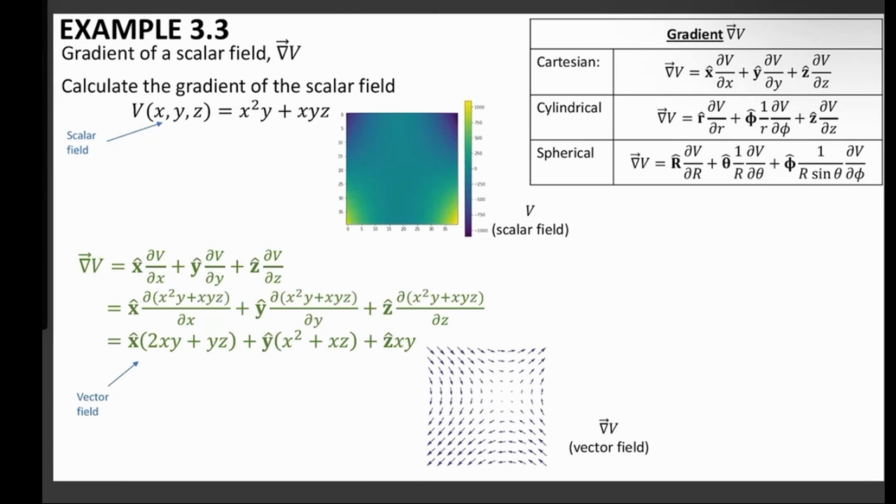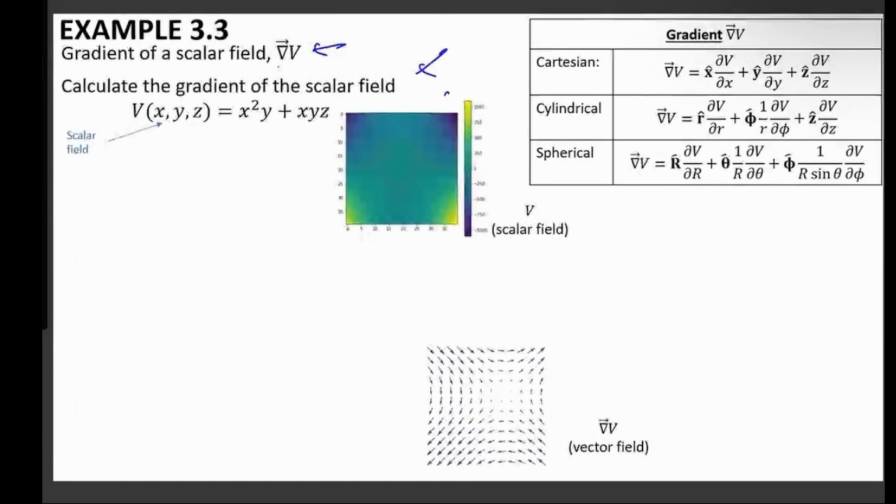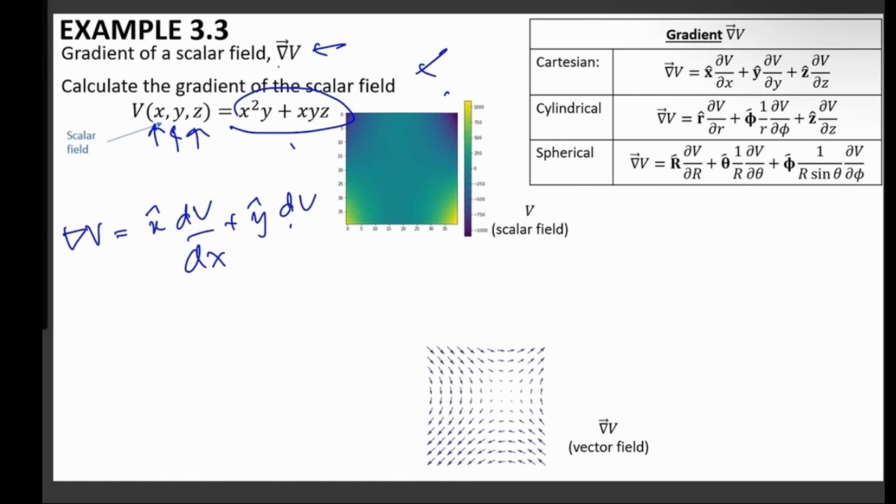First we do partial derivatives. We do this one with respect to x. We have three: x, y, and z. So the gradient is x dv over dx plus y dv over dy plus z dv over dz.